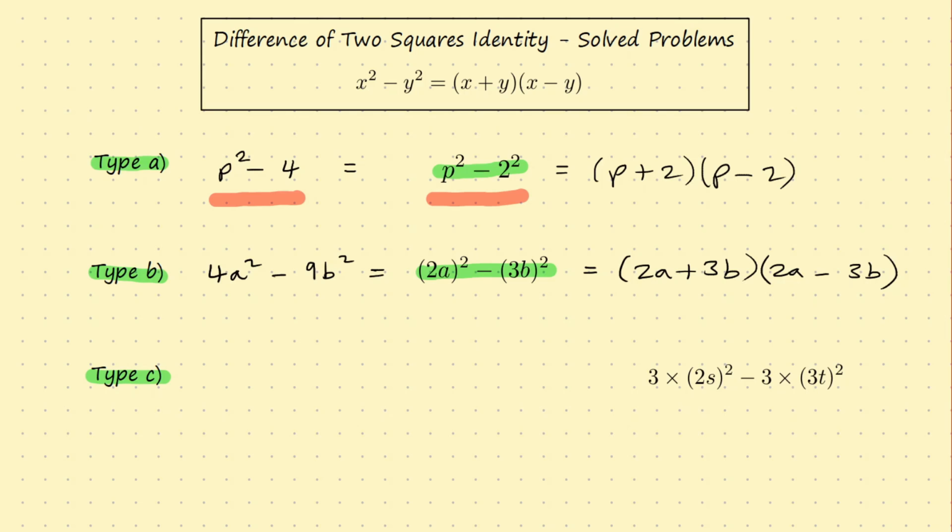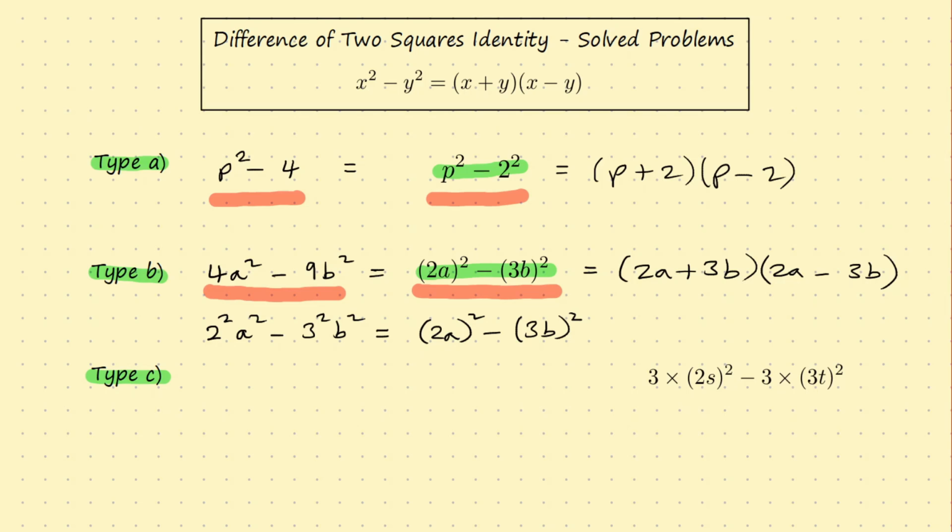However, we will be given the problem in the unfactorized form 4a squared minus 9b squared, which we have to factorize into (2a) all squared minus (3b) all squared. And to do so, we note that the expression on the left can be written as 2 squared a squared minus 3 squared b squared, which itself can be written as (2a) all squared minus (3b) all squared.